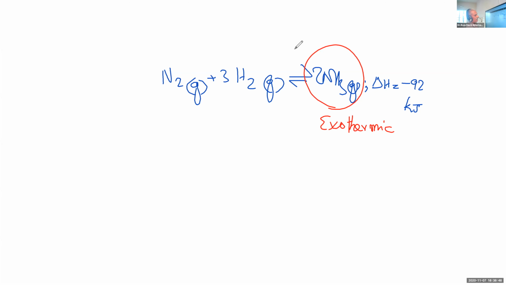So to get a better yield of ammonia, what should be the temperature condition? Is temperature to be increased or decreased?